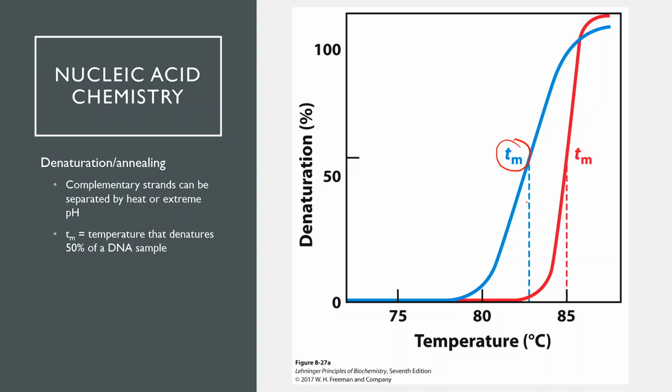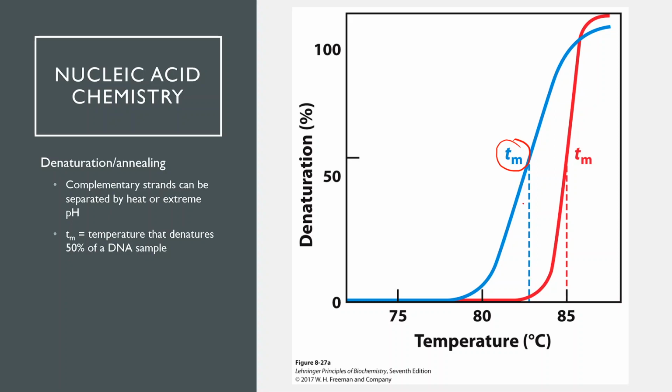So single-stranded DNA absorbs light at a slightly different frequency than that of double-stranded DNA. So when a sample is about 50% denatured, we say that it is at its melting temperature.